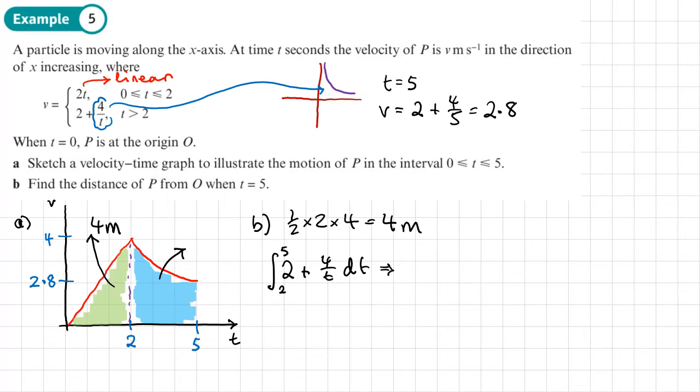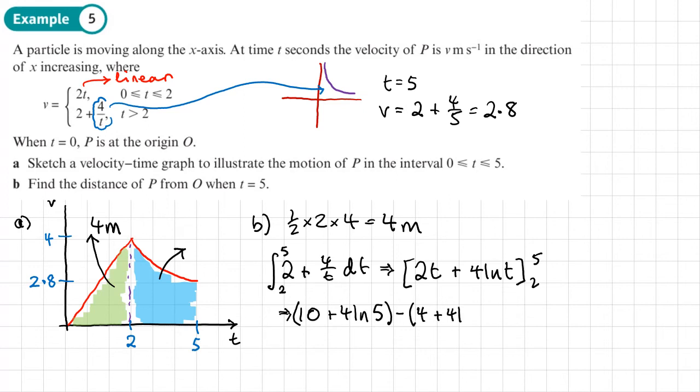So the 2 will become 2t, the 4 over t will become 4 log t, and we will substitute in our limits of 2 and 5. So we put the 5 in, that will give us 2 times 5, 10, plus 4 log 5, and then minus 2 times 2, 4, plus 4 log 2.